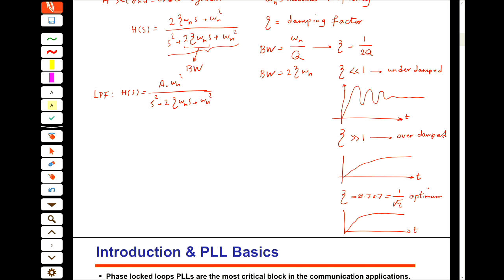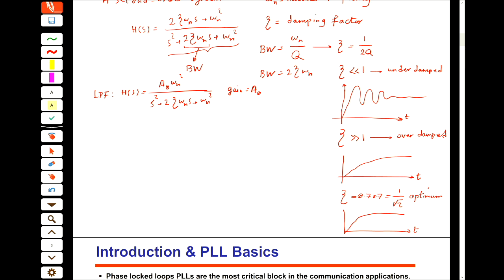So this is the function for a low pass filter. At DC, the gain is A naught. If the filter is active, it has gain. If the filter is passive, then A naught is 1. At s equal to 0, the gain is A naught, and at s equal to infinity, the transfer function is 0.